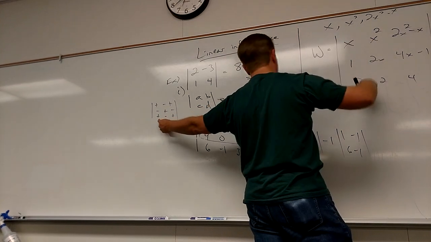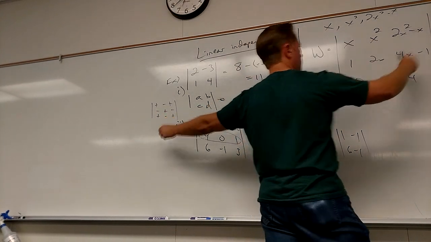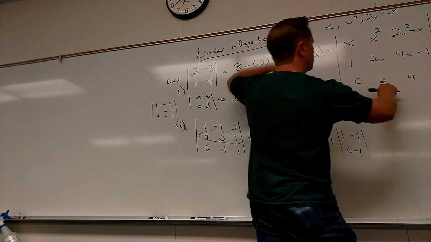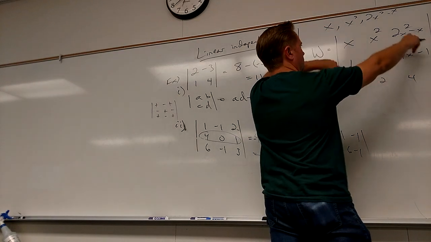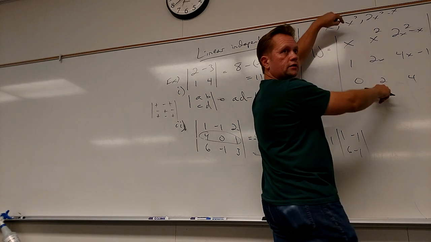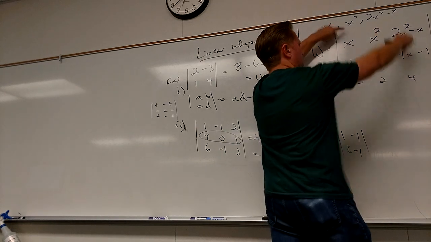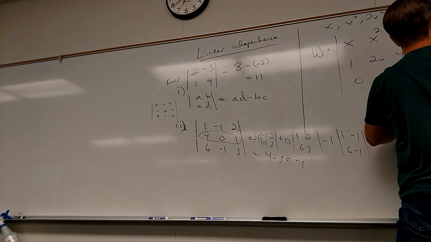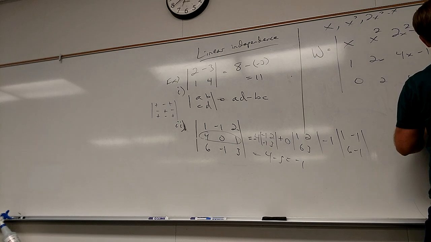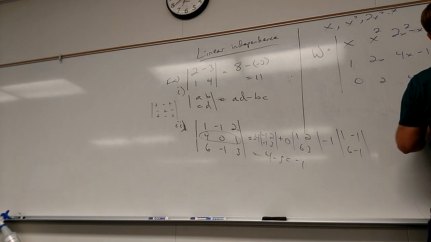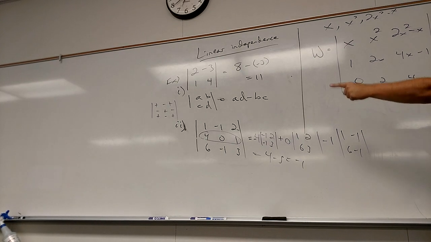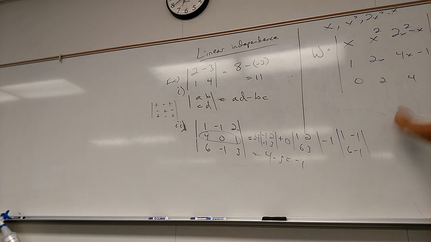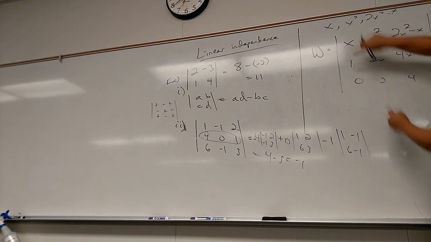positive 0 times, who cares, negative 2 times, right? Is that cool? So if I use 2, it's going to be everything not in there, so let me just go ahead and write it. 4x minus. And then it's going to be plus 4 times this little chunk here.